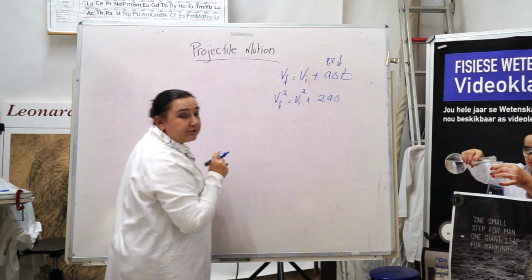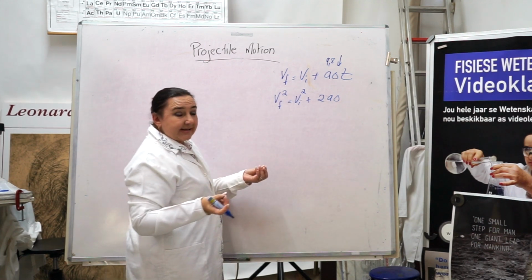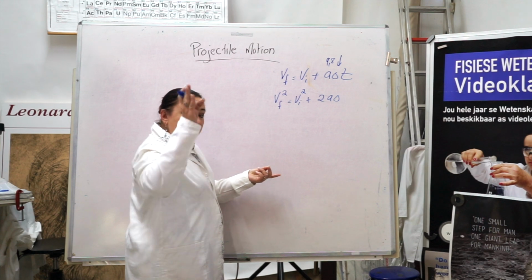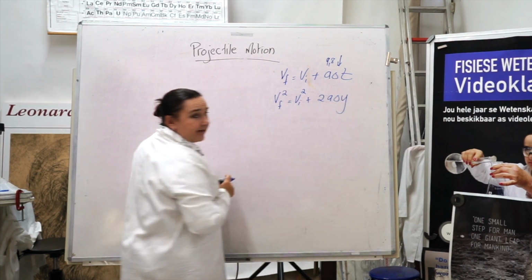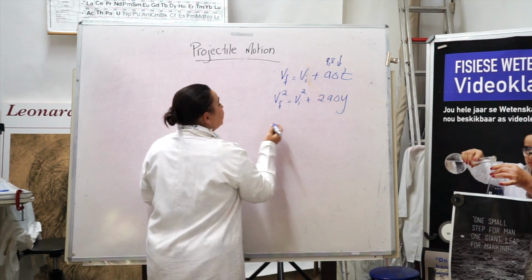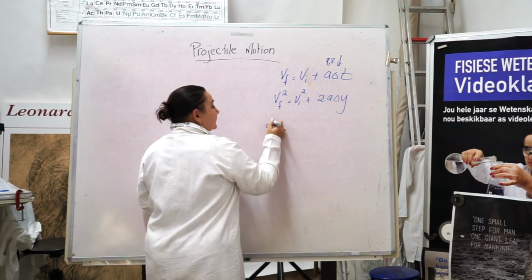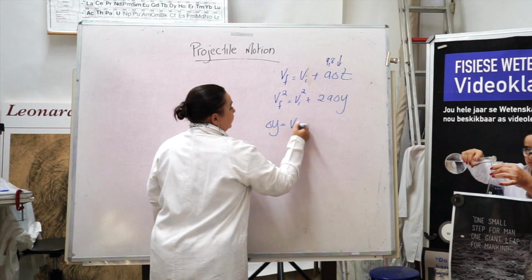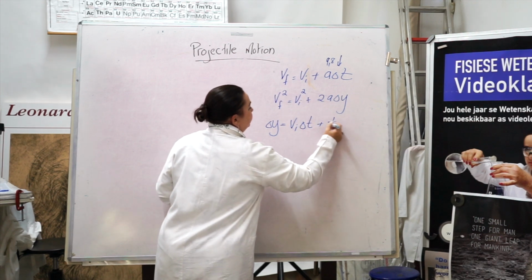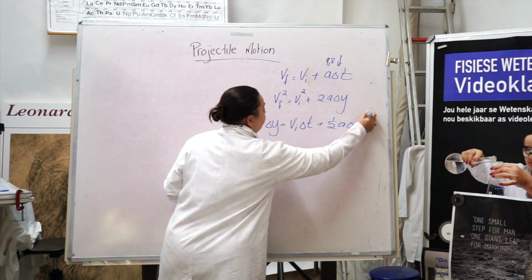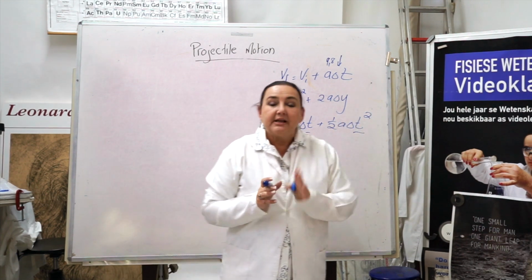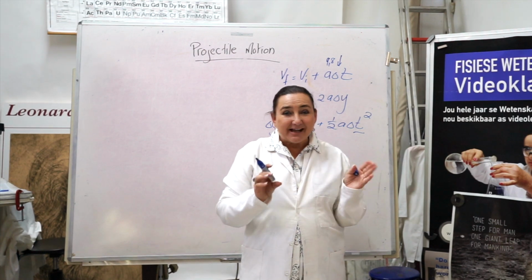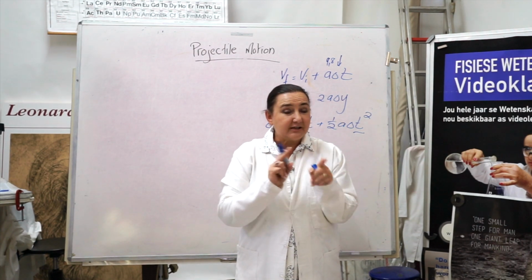Alright, normally we would write delta x, but in this case where we work with vertical motion, we're going to write delta y. Okay? Then we've got a different one that says delta y equals and because of this, you're going to be using a lot that formula that you learned in maths where you have a quadratic term.